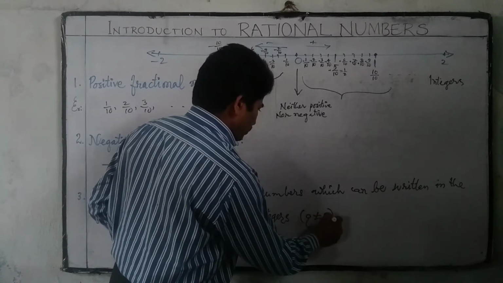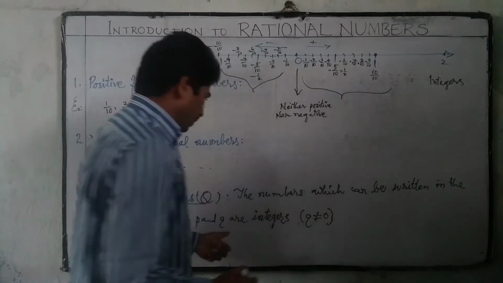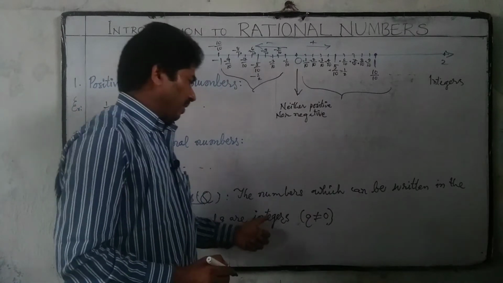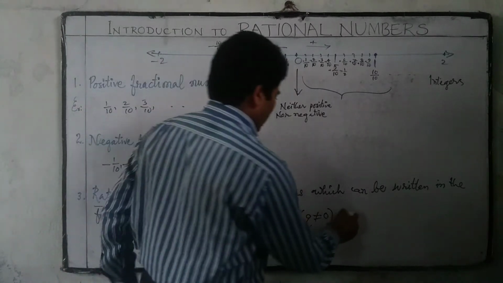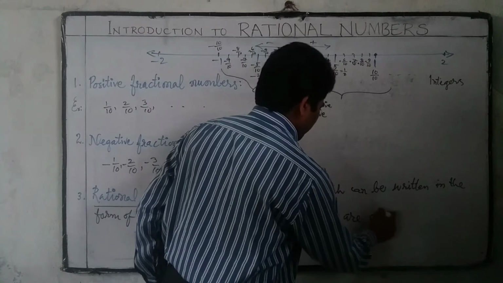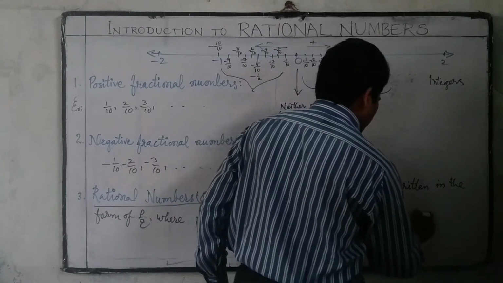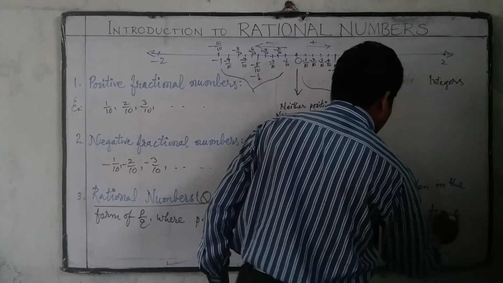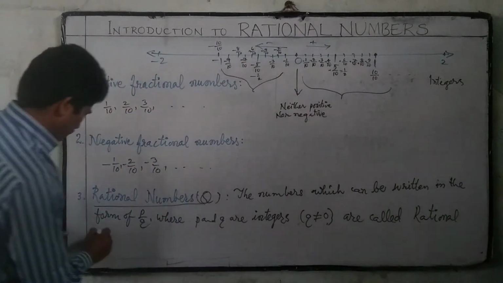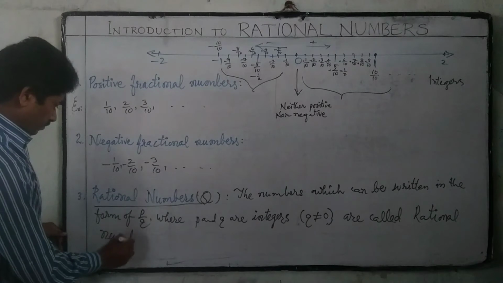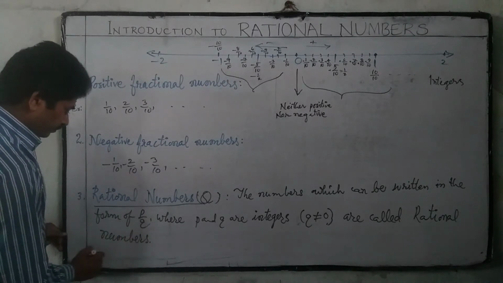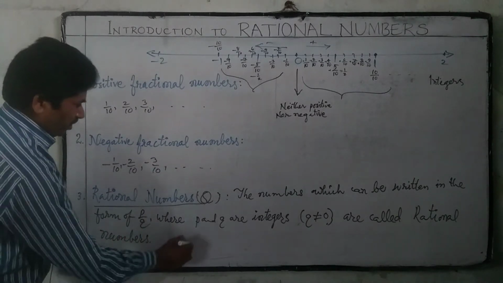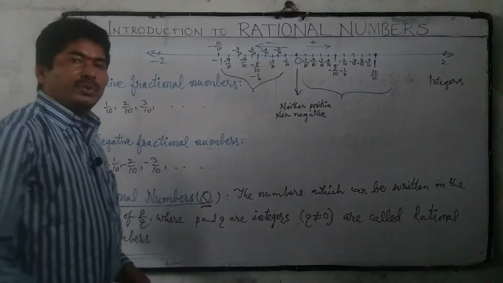Here Q is not equal to 0. Numbers where P and Q are integers, but Q is not equal to 0, are called rational numbers. Rational numbers are denoted by the letter Q.